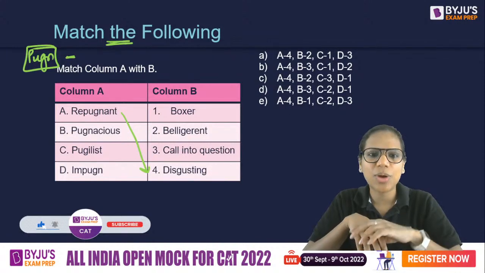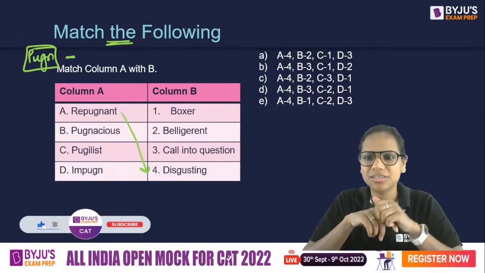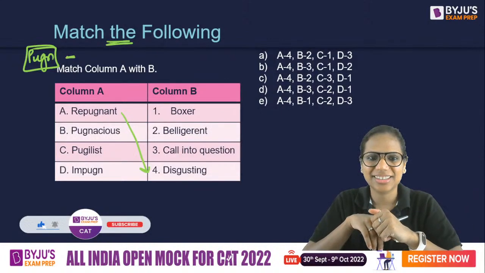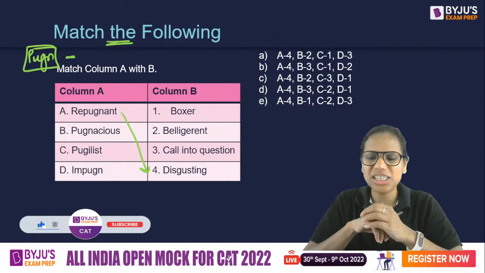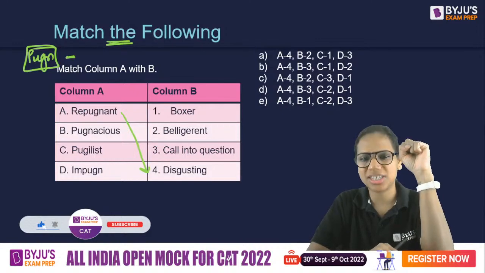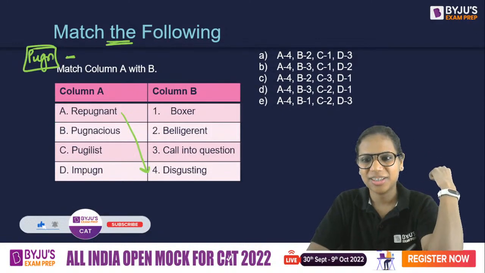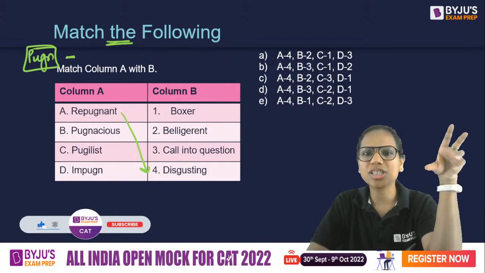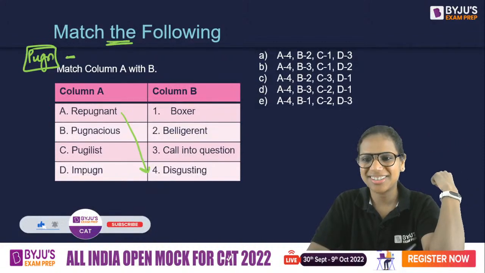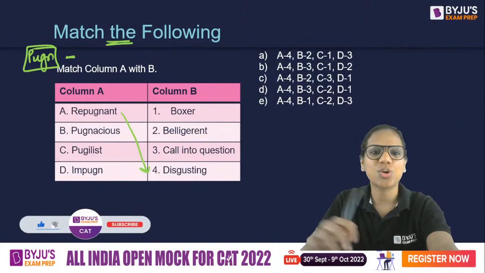Have you ever wondered why the dog pug is called a pug? Pug actually means a fist. And if you notice, the dog's face does look like a fist. So that's why a pug is called a pug.